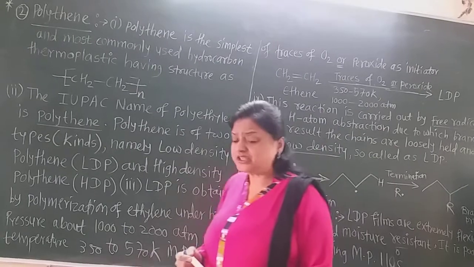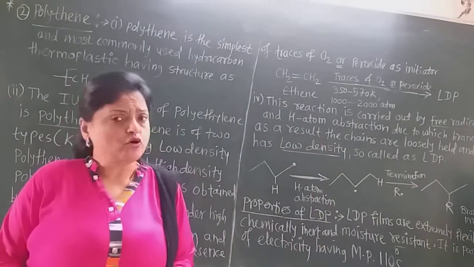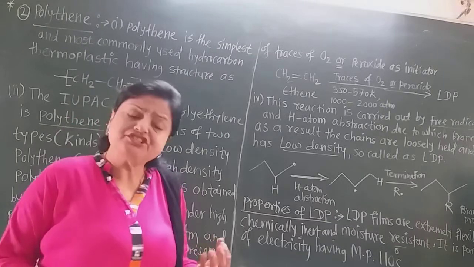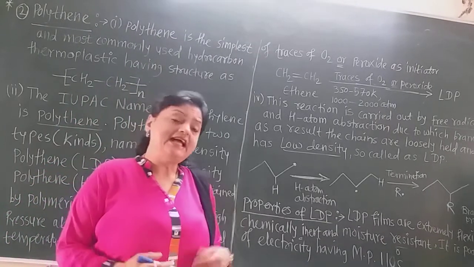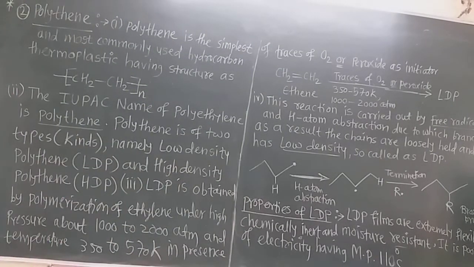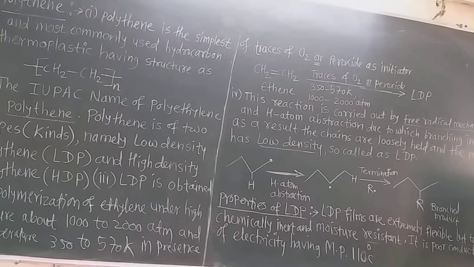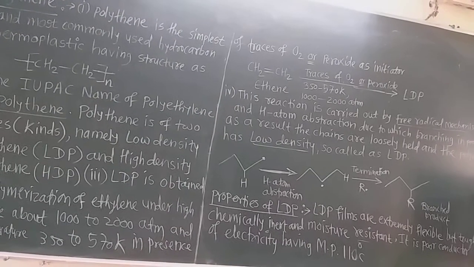This reaction is carried out with a very small amount, that is traces of oxygen or peroxide, as the initiator. Now a very low amount of oxygen is required for the preparation of low density polythene.